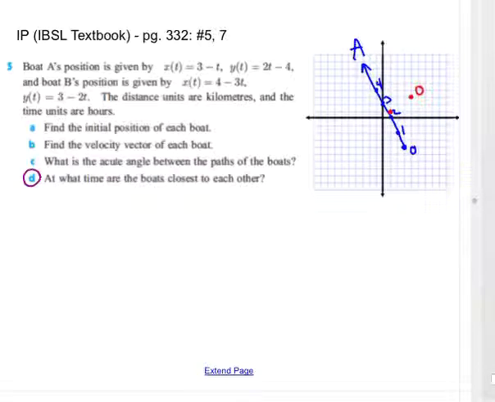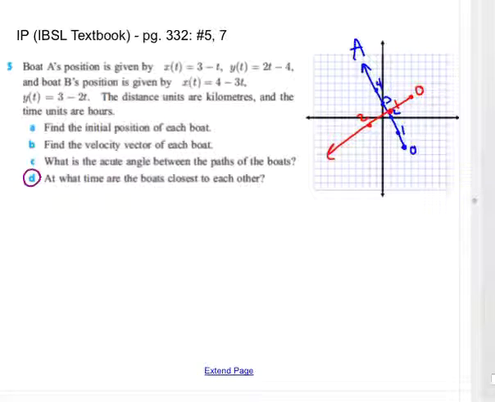So that's at 1, and then 1, 2, 3, 1, 2, and so on. Now, if you look at this one, it's not easy to figure out exactly when, but you can get an idea here because think about what we're actually finding: when are they closest to each other.